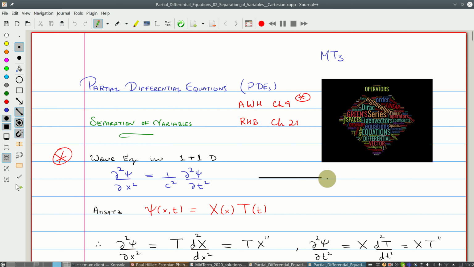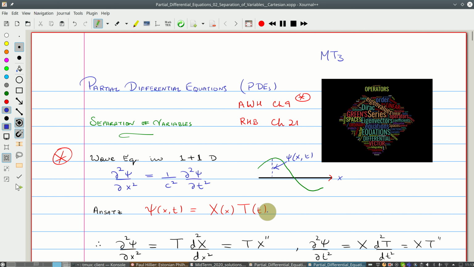If we have an x-axis, then you'll have some waveform, and this is psi of x, this is x here, at some time t. So this is the displacement, okay?